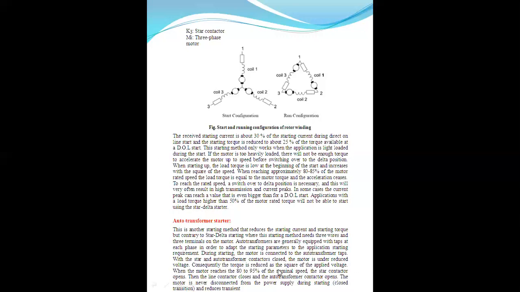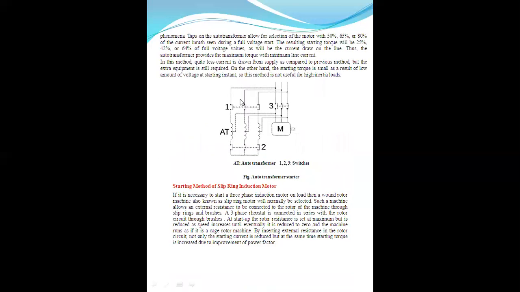The torque is reduced with the square of the applied voltage. When the motor reaches 80 to 95% of the nominal speed, the star contactor gets open. Then the line contactor closes and the auto transformer contactor gets open. The motor is never disconnected from the power supply during starting, which reduces the transient phenomenon.